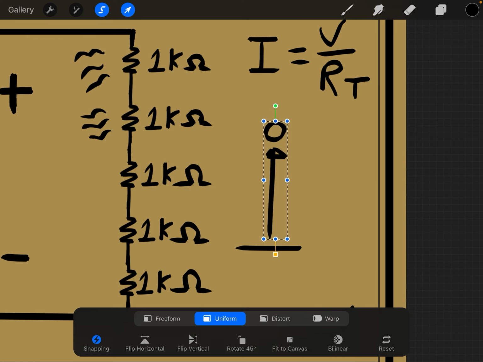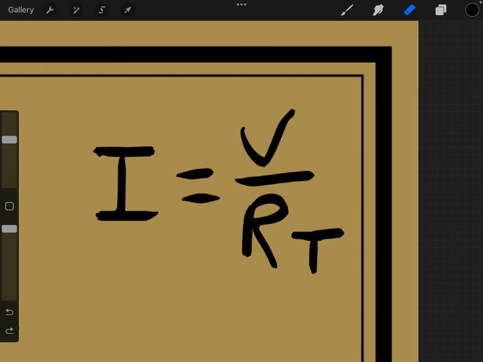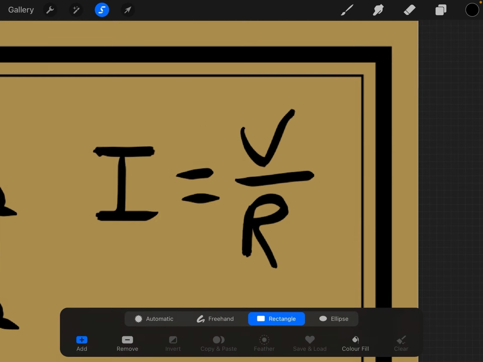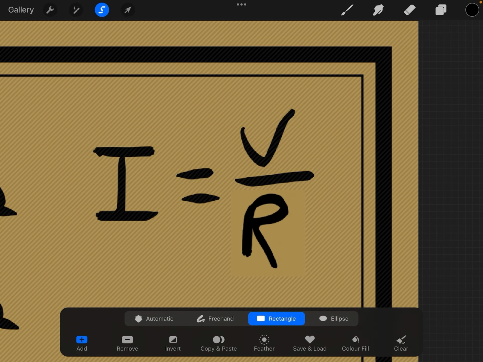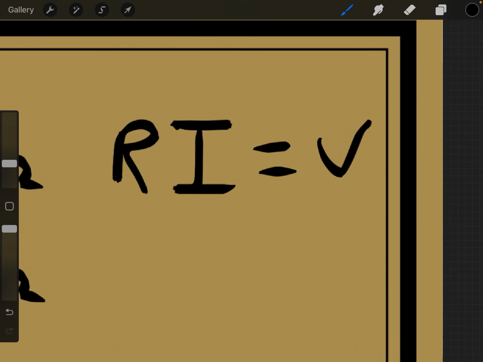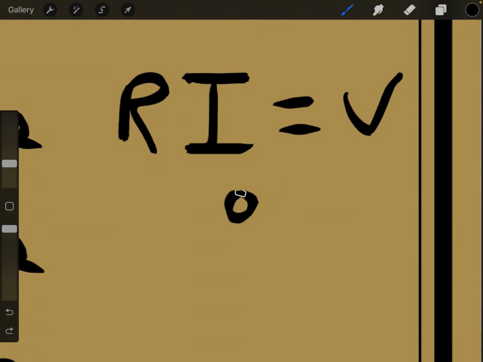But exactly how much potential energy are we going to lose as it goes through each resistor? Well, what we can do is take Ohm's law and rearrange it so that voltage is at the front. And we find that the resistance multiplied by the current is equal to the voltage, or rather the difference in potential energy through the resistor.